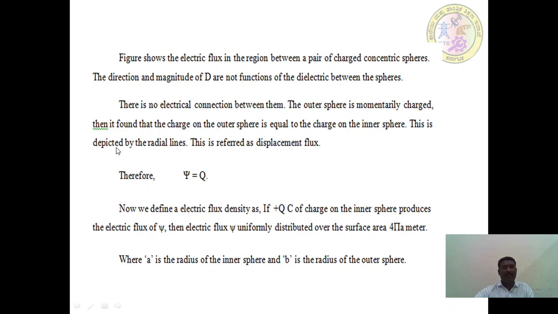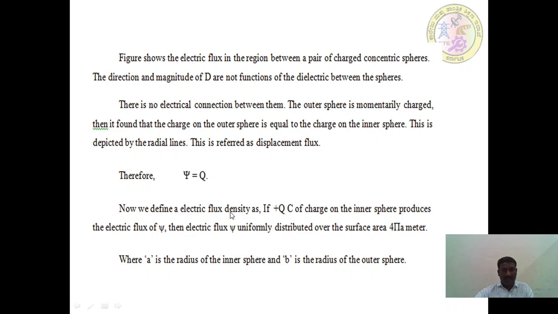This is depicted by the radial lines, and this is referred to as displacement flux or electric flux. Therefore, the flux existing is exactly equal to the charge in the sphere.